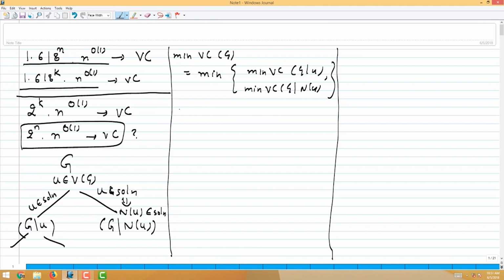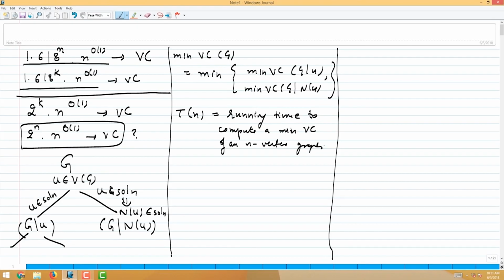So let T(n) denote the running time to compute a minimum vertex cover on an n vertex graph, right? And now we write this recurrence. So what do we want to write?